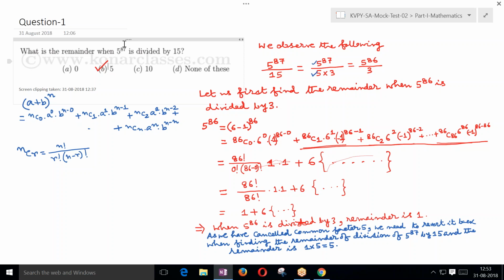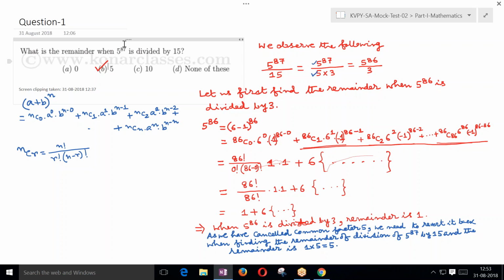If you see in this problem, the numbers 5 and 15 are not co-prime. Hence, the procedure is to cancel the common factor 5, find the remainder, then multiply the remainder by the common factor 5. Whenever you have this kind of problem, where the numbers are not co-prime, you need to apply this concept. Here 5 and 15 are not co-prime.